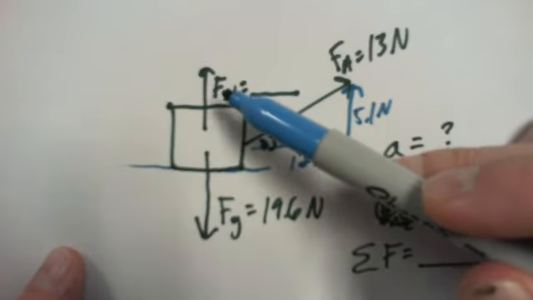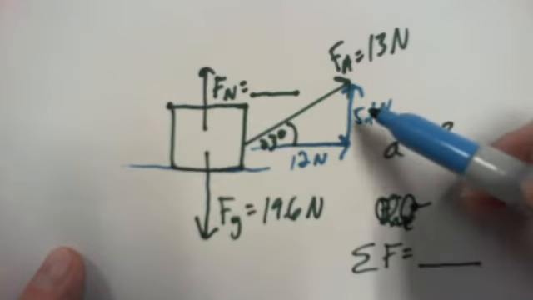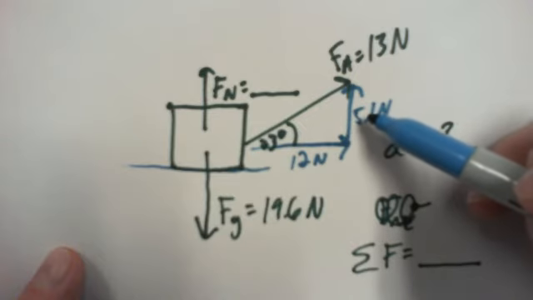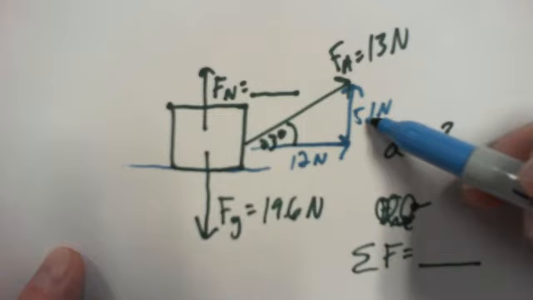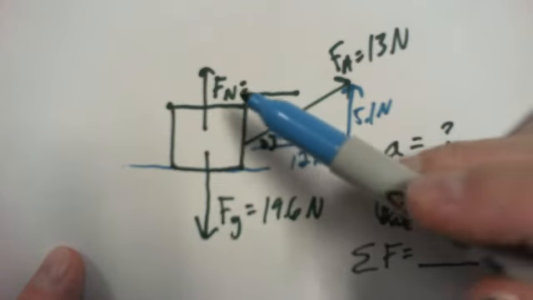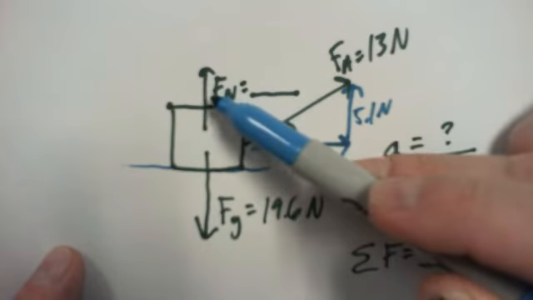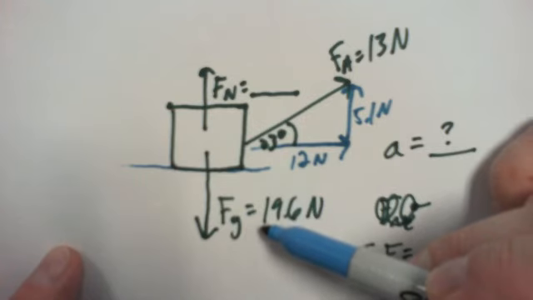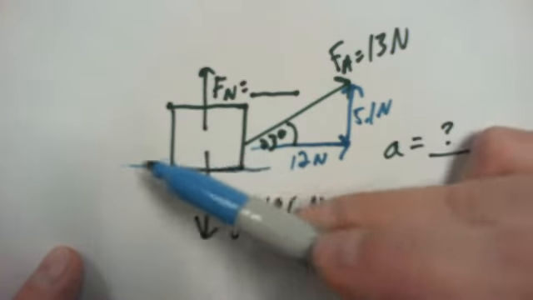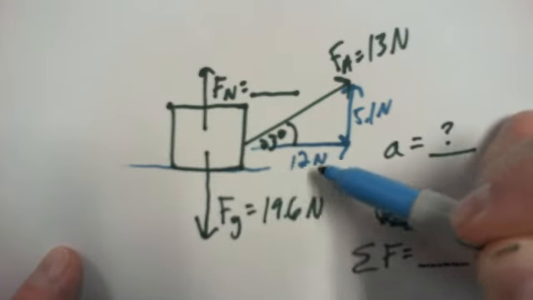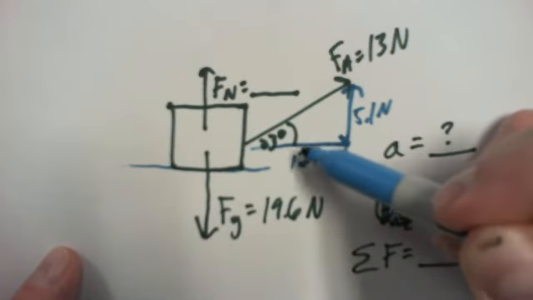In the vertical, the normal force, the force of gravity, and the y component of the applied force all cancel out. I like to think of the vertical component of your applied force and normal force as teaming up to cancel out the weight. We'll come back to that. For our purposes now, there is no friction, but our horizontal force is 12 newtons.